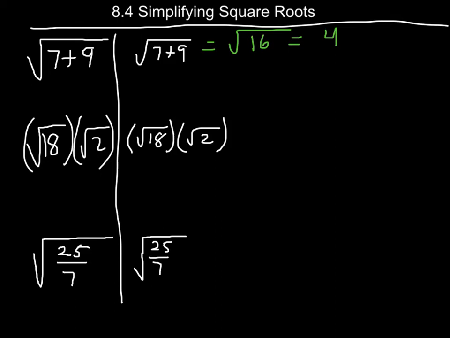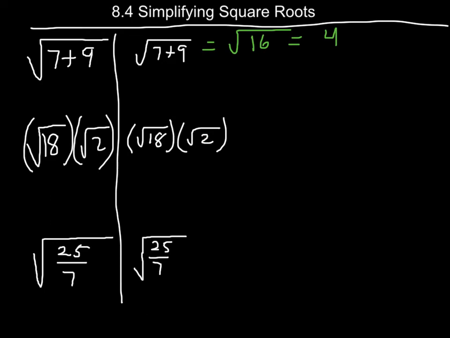Now, the second one here, they're not inside the same group. So I'm going to keep going down my order of operations, and I see that neither one of these can I take the square root of. I don't know the square root of 18, and I don't know the square root of 2. So I'm just going to multiply them. I cannot add two different square roots together, but I can multiply two different square roots together.